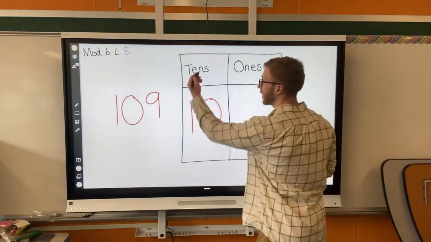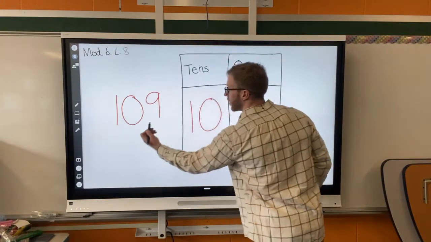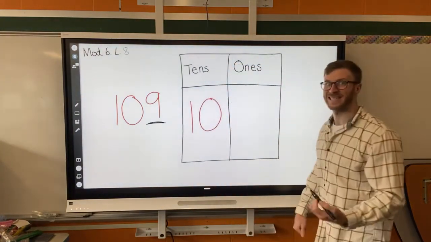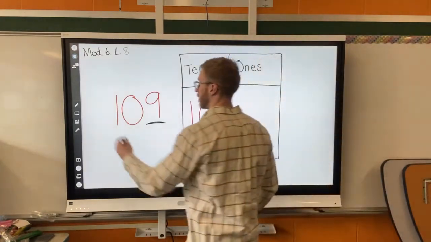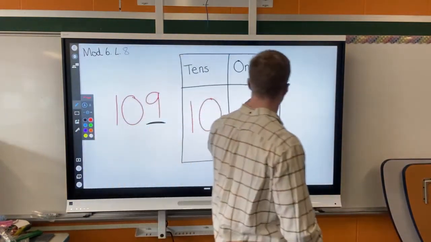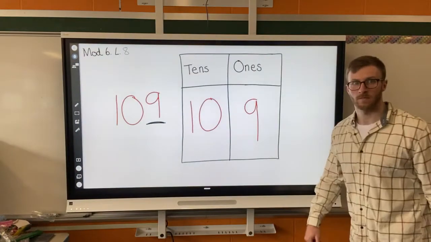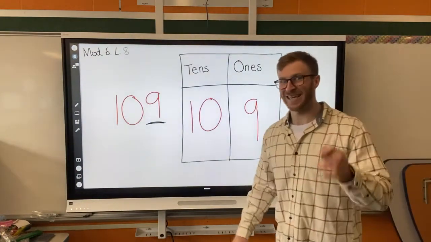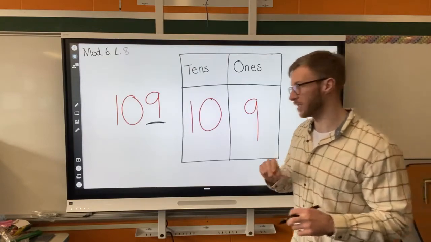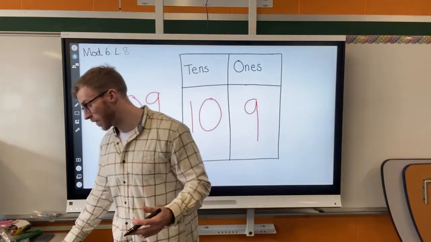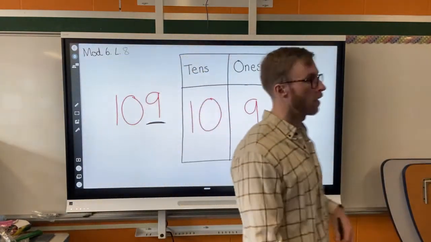I see that I have 10 tens already. So then I'm going to come over here to the ones place, and I see a 9, so I'm going to put a 9 in the ones place. So I have 9 ones. Is 9 ones a group of 10? No, it is not. So we don't make another group of 10 yet.